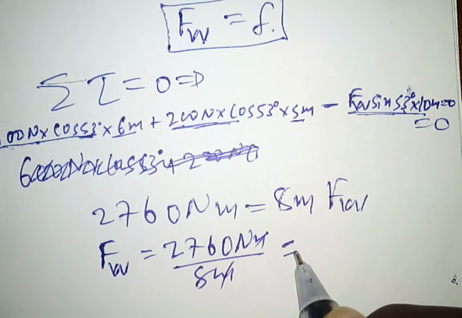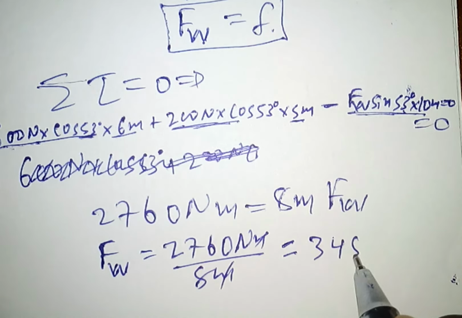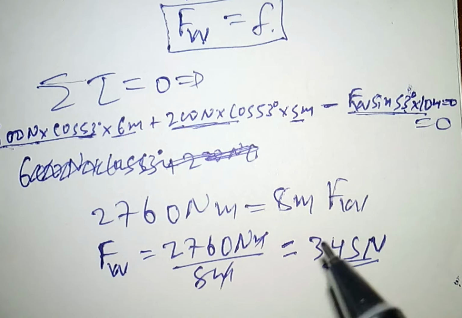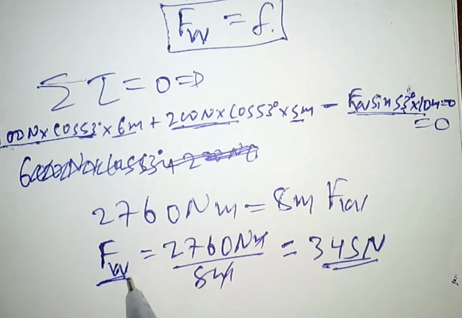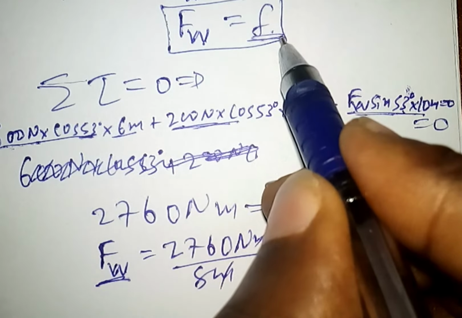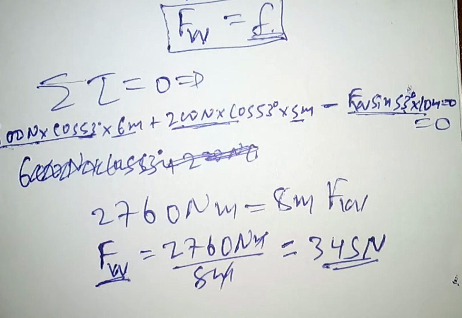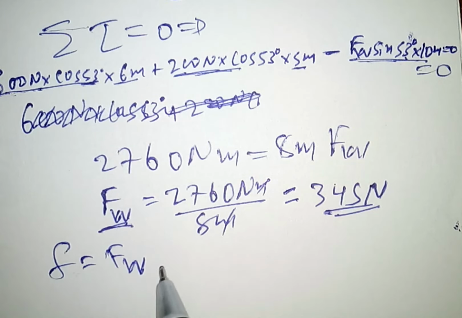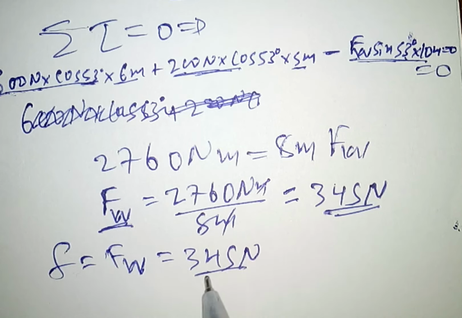Meter is cancelled by meter, and we get directly 345 Newton. So this is the Fw. Since Fw, the normal force from the wall, and the frictional force are equal, the frictional force, which is equal to the normal force from the wall, is 345 Newton.